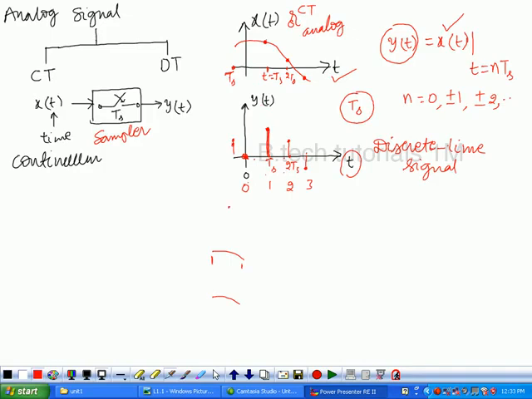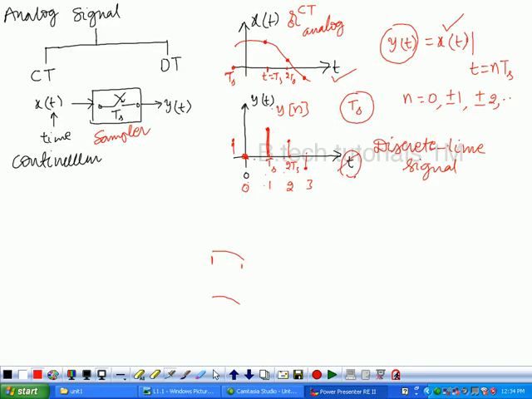So to distinguish the two signals clearly, here we adopt another notation. Instead of writing this as y of t, we simply represent this as y of n, where n can be 0, 1, 2, 3 and so on.